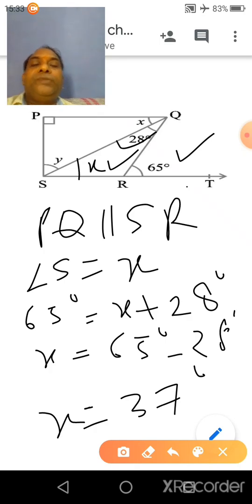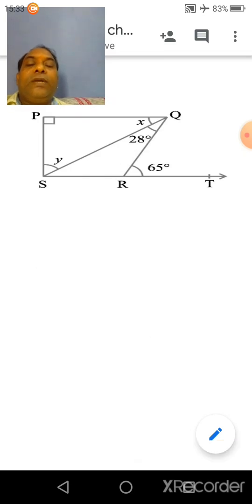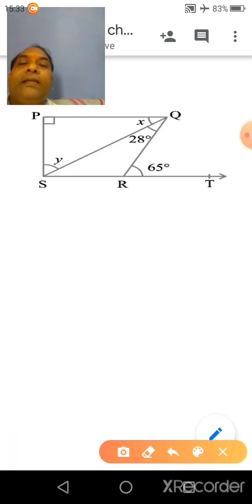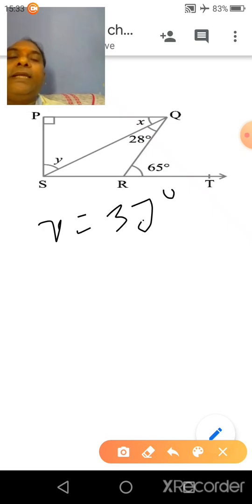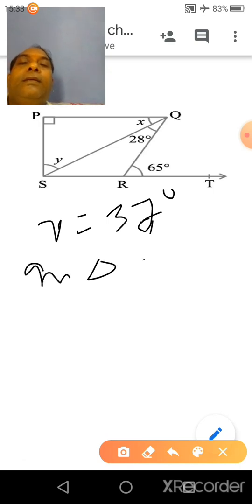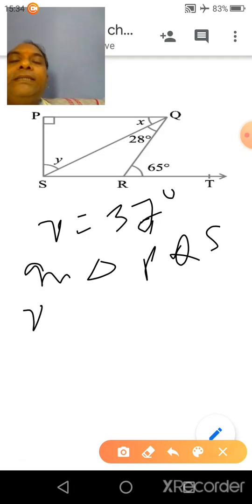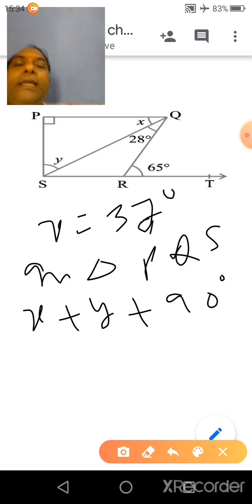Clear? X is equal to 37 degree. Now, in triangle PQS, x plus y plus 90 is equal to 180.